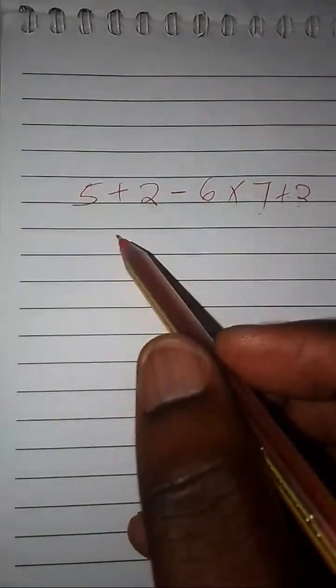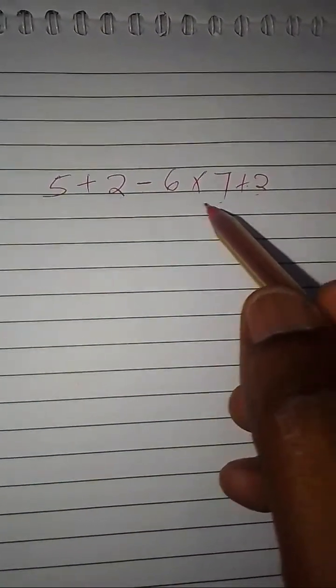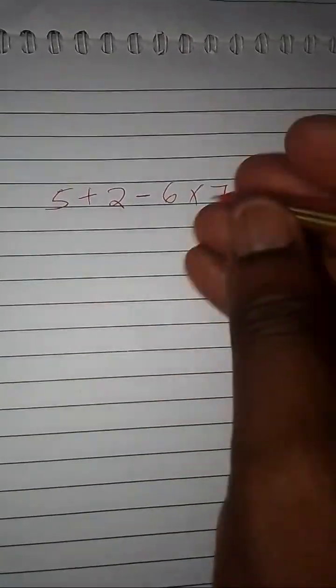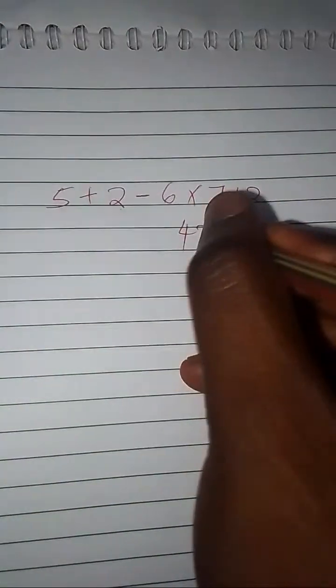Now, in this case, we are going to start with the multiplication first, like 6 multiplied by 7, and we shall now have 42.